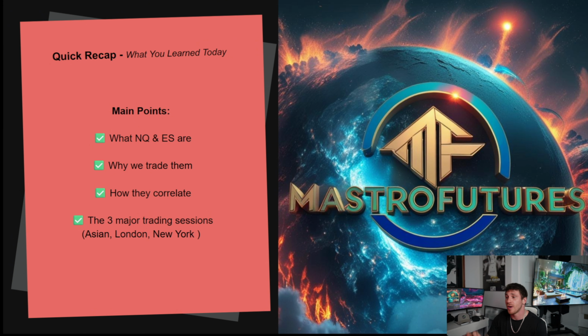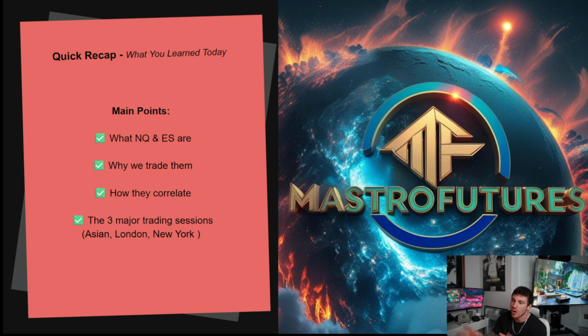But main points is what NQ and ES are, of what you should have learned, why we trade them, how they correlate, and the three major trading sessions, which are Asian session, London session, and New York session. I also have an indicator that I use every single day. It's one indicator that everybody uses for free, or not everybody, but that marks out Asian session, London session, and New York session on TradingView, and it's in my TradingView video. I can put that down in the description down below when I go over my whole TradingView system and how it's set up.